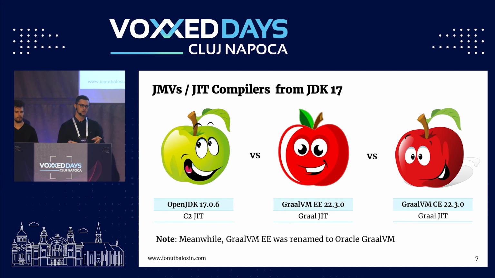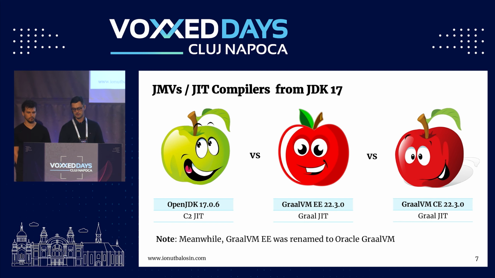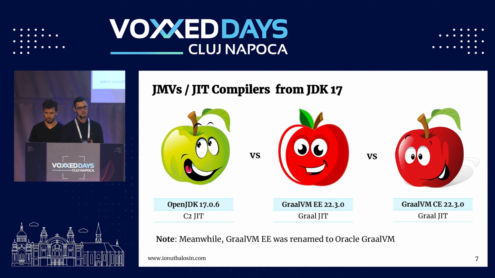Nevertheless, within this talk, I will still use the older terminology, because this is how it was when we ran these benchmarks. We used 22.3.0, and back then it was called GraalVM EE, but it's just terminology. And the last one is the Graal compiler from the community edition.